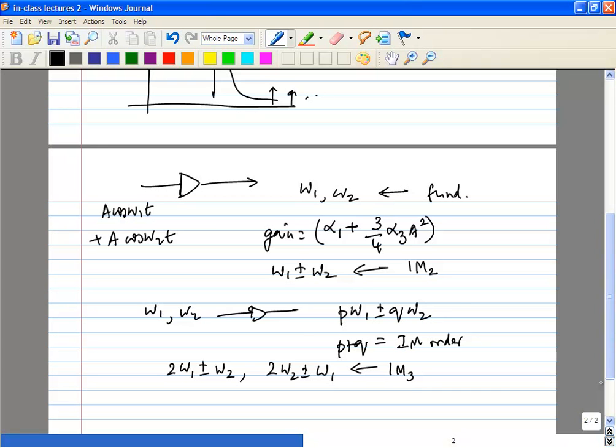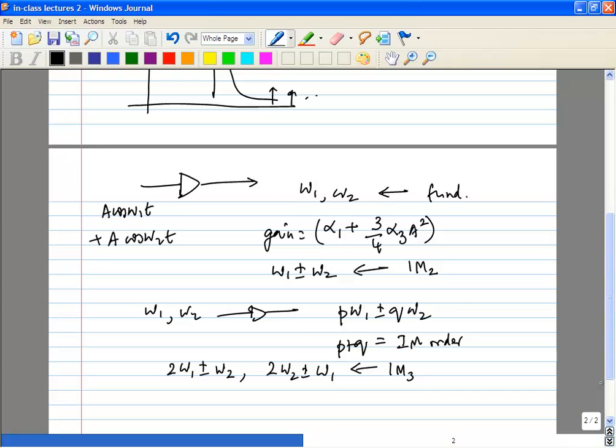Now, depending on the bandwidth of your system, let's say there's a very narrow band LNA, some of these would be significant, some of these would not be significant. Normally these omega 1 and omega 2 are sufficiently close, because you want to characterize the third order nonlinearity of the system. So omega 1 minus omega 2 would fall very close to DC, and omega 1 plus omega 2 would be at twice the frequency.